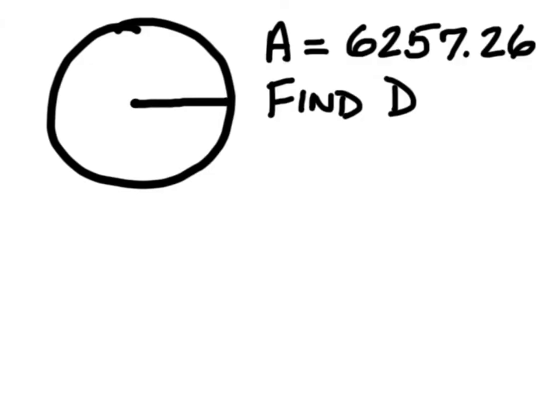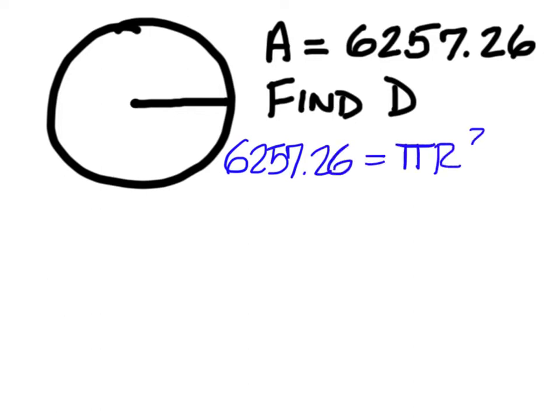Alright, so in this one the area is 6257.26. So you're going to write that down first. That's the area, and this is the formula for the area on the right. What do I do to both sides first? Divide by pi. So that cancels out here.